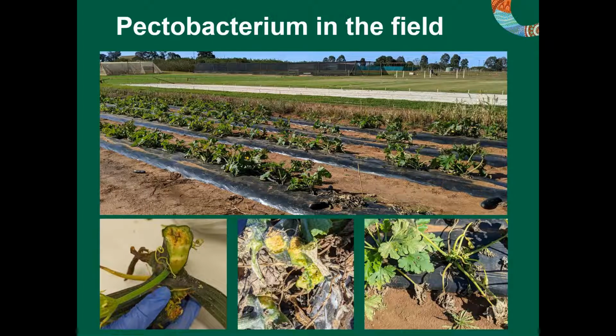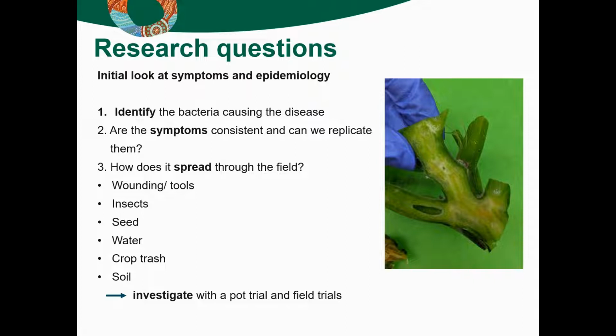We've seen this crown rot wilting symptom in zucchinis, and we've done a bit of work with the bacterial isolates that we've got out of that to try and figure out some basic epidemiology and identification stuff, which will ideally be the first steps towards getting some good epidemiology for control options and advice.